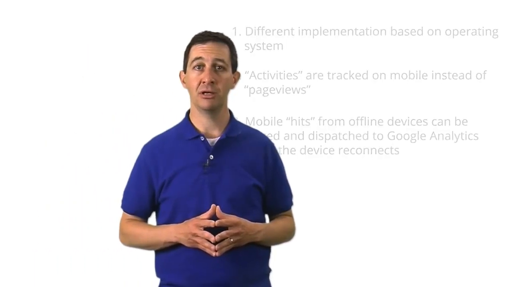Collecting data from digital environments besides websites and mobile applications requires the assistance of a knowledgeable developer. Conceptually, the collection process isn't much different from what's already been discussed. In the web tracking scenario, a hit is sent every time our user views a page tagged with Google Analytics. In the mobile app scenario, a hit is sent every time a user completes an activity that's been tagged with Google Analytics.